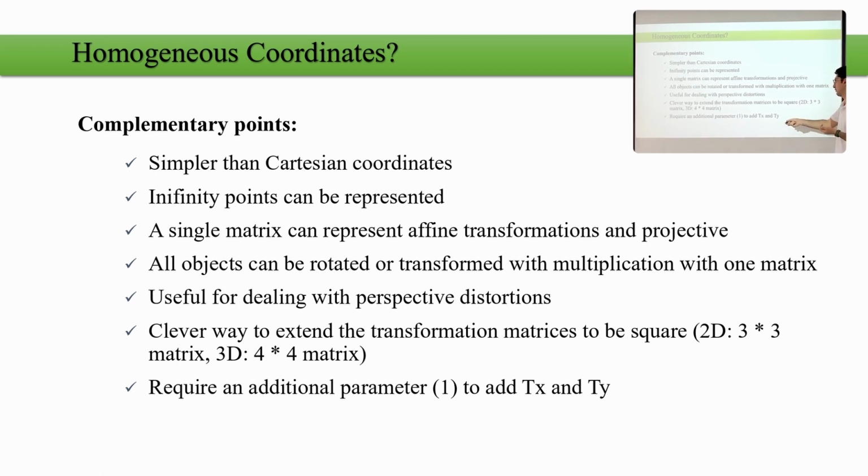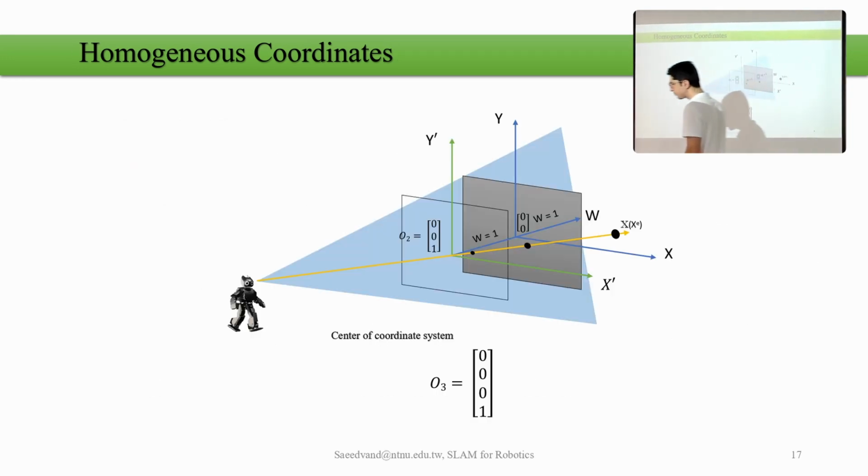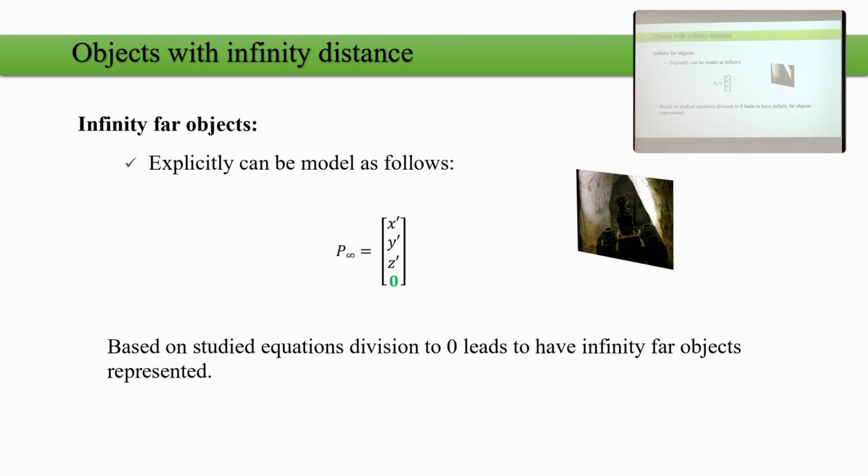That of course requires one more parameter that we need to add also for translation, tx and ty that we saw at the beginning. You can see visually here also that's what's happening. If you consider the O3 as the center of the coordinate system, with adding 1 or with removing it, we can scale one point on the geometric coordinate system that we have, and I think that's very clear for you guys.